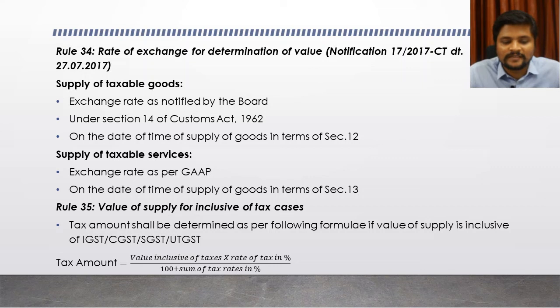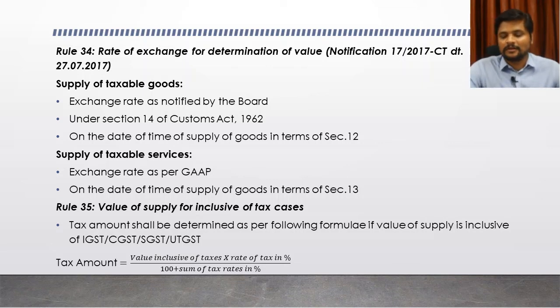What does this formula say? Value inclusive of taxes, in this case, is 118 rupees, into the rate of tax in percentage, which is 18 percent, divided by 100 plus the sum of tax rates in percentage. It means, if it is CGST, 9 plus 9; if it is IGST, 18%.